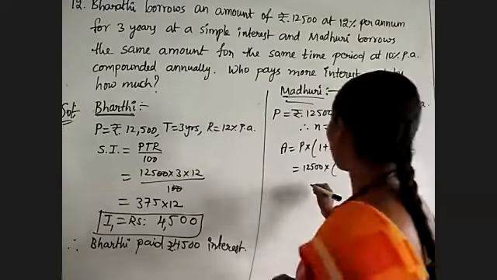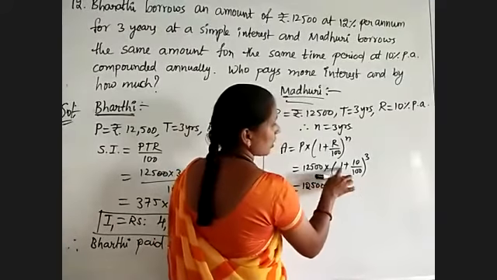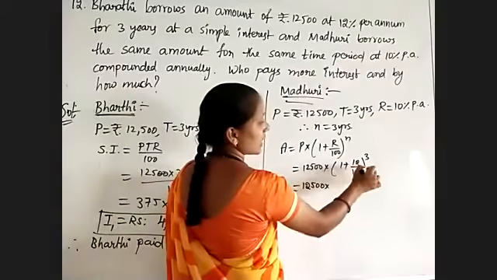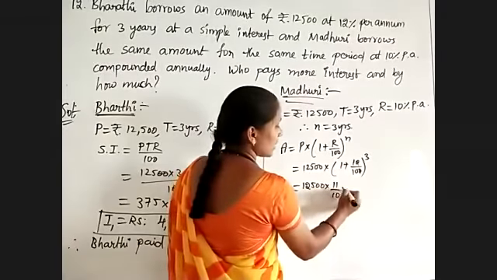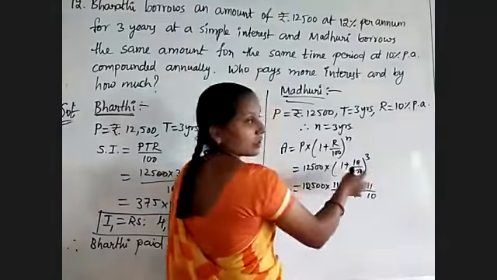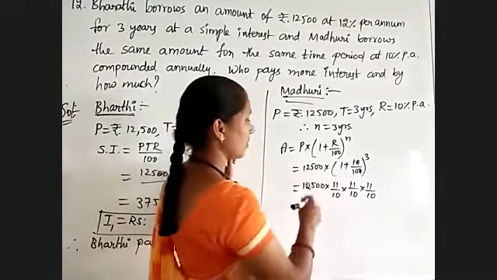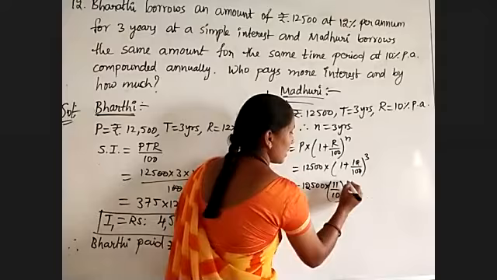Okay, now we have to do the calculations. 12,500 into, the zero will get cancelled. 10 ones are 10, 10 plus 1 is 11, so 11 by 10 into 11 by 10 into 11 by 10. Instead of this, because the numbers are very simple, I am writing 11 by 10 whole cube.